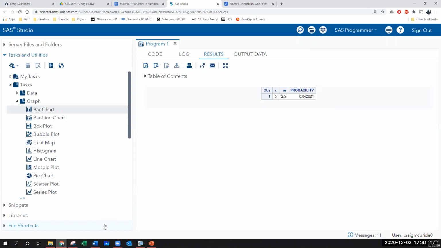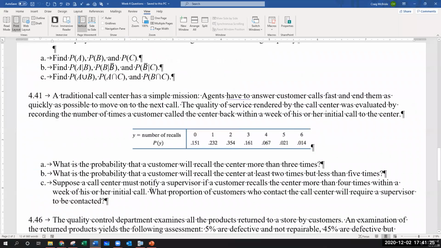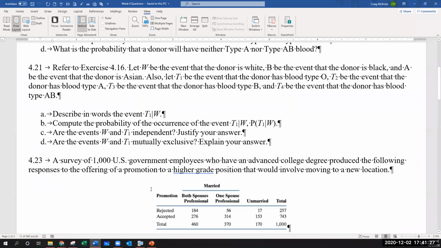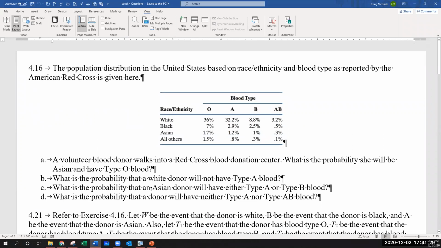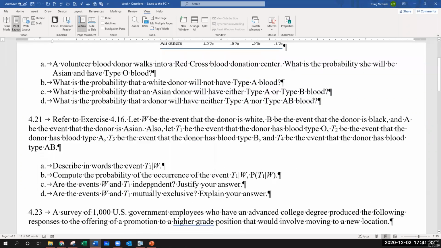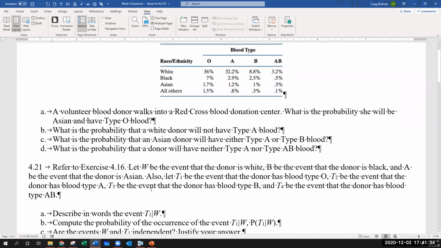So then to compute the probability of the occurrence of the event, I ended up with 0.4489. That is perfectly, absolutely 100% correct. Okay, so then, don't ask me to remember how I did this. I just looked at my highlighted notes. Where I'm getting confused then is on, are the events W and T1 independent, and justify your answer.